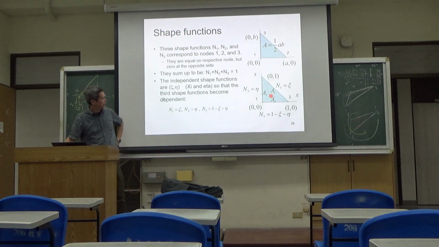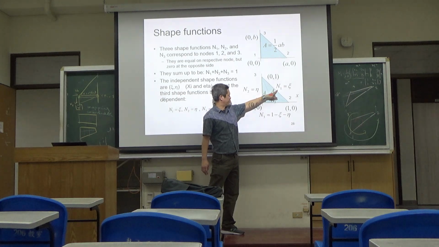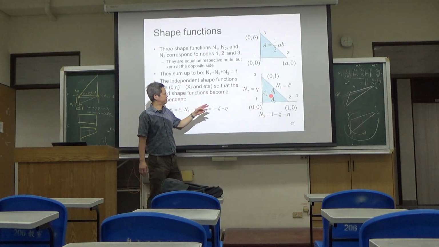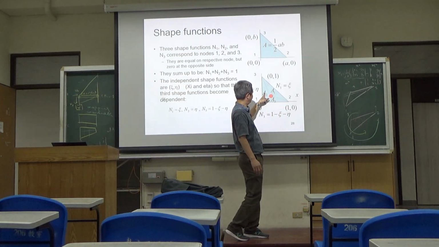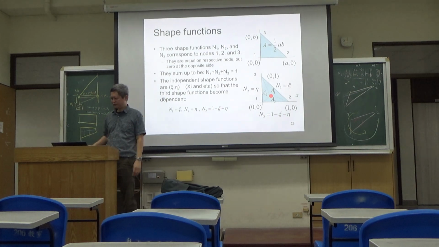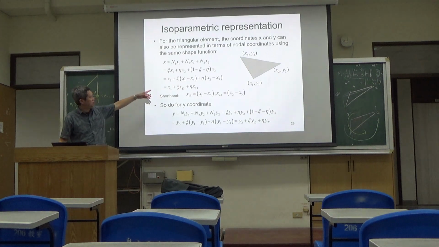N1 is defined as the opposite area of the point divided by the whole area. And N2 is the opposite area of N2 divided by the whole area. So this kind of mapping, what does it do? You can make your x interpolation, the coordinate mapping, to be N1 x1 plus N2 x2 plus N3 x3, okay?